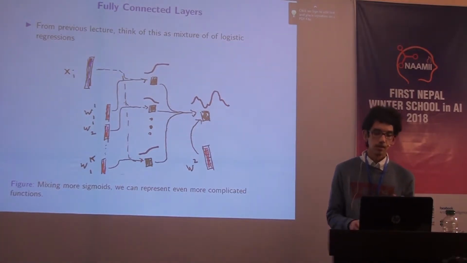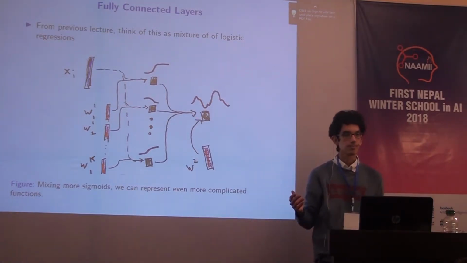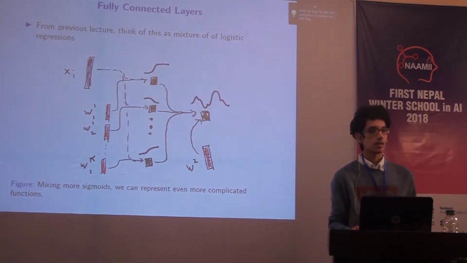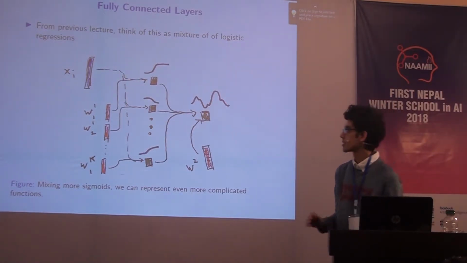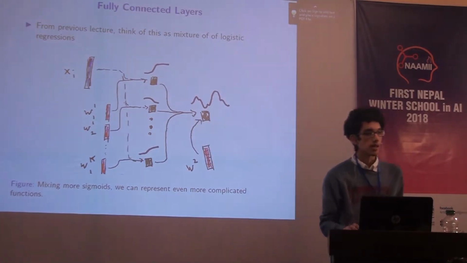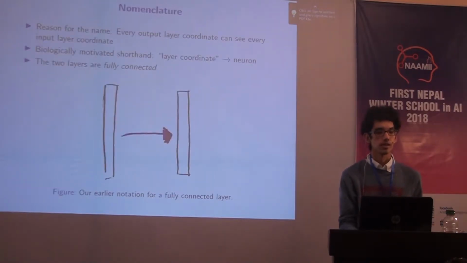So reviewing, this is what fully connected layers look like, right? It's like I'm mixing together all these different logistic regressions. Each of those logistic regressions is looking at all the xi, right? So that's what they mean by fully connected.